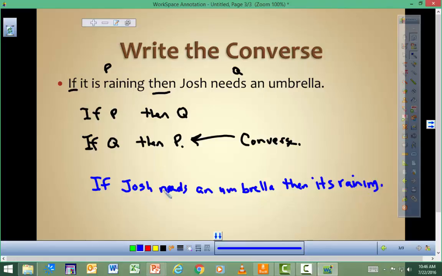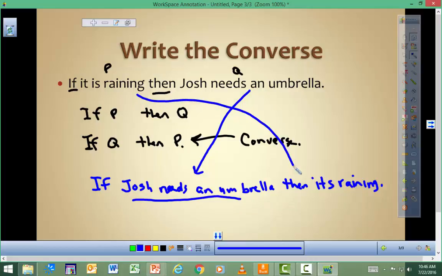There you have it. What we did is we put this part here, this part here, and we put this part over here. And that's how you create the converse.